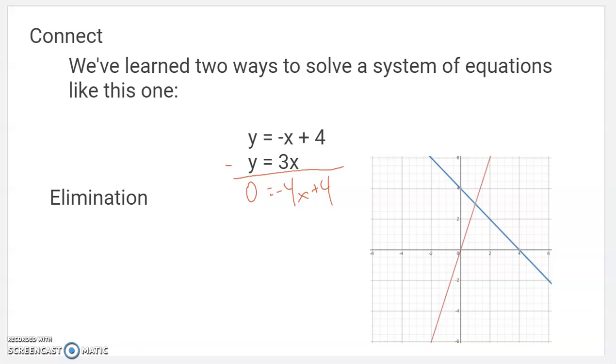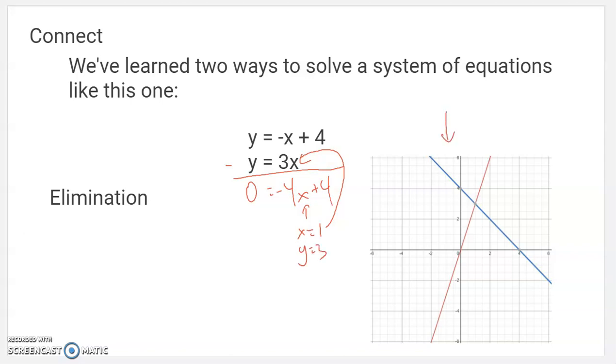And once we've eliminated one of the variables, we can find the other one. So I think that would be 1. Yeah. And then once we know 1, we can put it into one of the original equations, and 3 times 1 is 3, and we got that. So one method we can use is elimination.